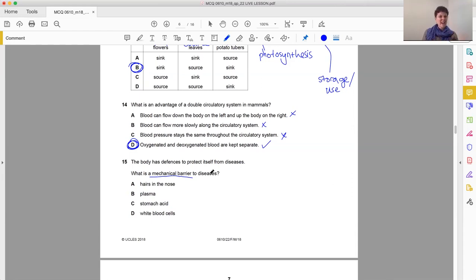Stomach acid, well, that's a chemical, it's not a mechanical thing. White blood cells, they are cellular. So, mechanical thing standing there in the way, hairs in the nose. Actually stops things entering the body. Okay, so that first line of defense is stopping the pathogens from even getting into the body. It's that mechanical defense, and it is hairs in the nose in this instance.